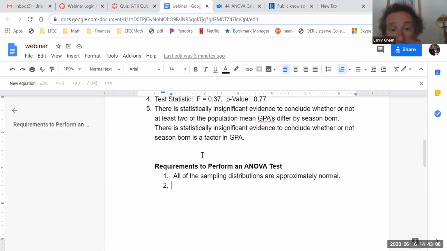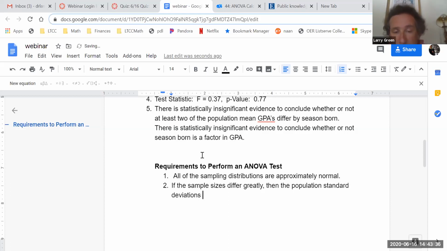Okay, so let's continue. Here's another one that you would probably never guess, and that is if the sample sizes differ greatly, then the standard deviations, the population standard deviations, must all be almost the same.